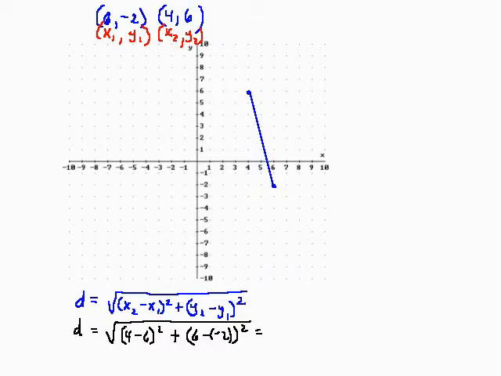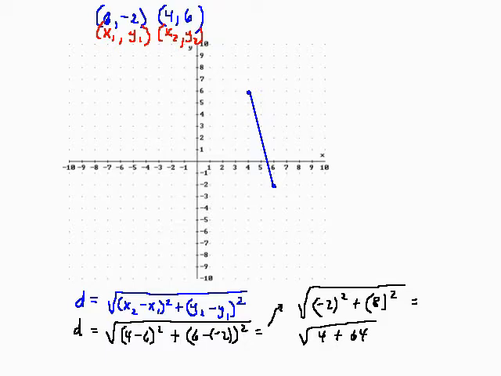So this will give us the square root of -2 squared under the radical plus 6 minus -2, 8 squared under the radical. Oh, watch those signs. This will give us the square root of 4 plus 8 squared is 64. So we get the square root of 68 as the distance.